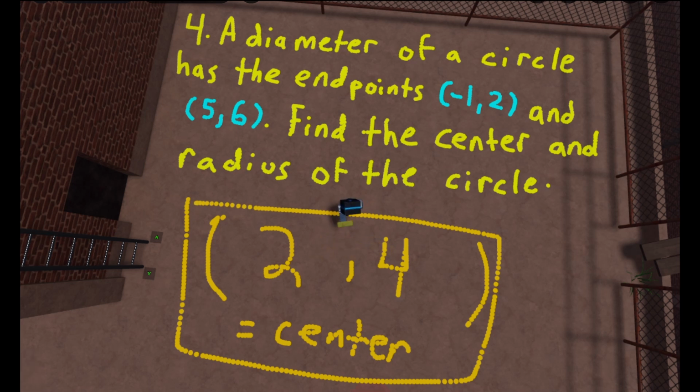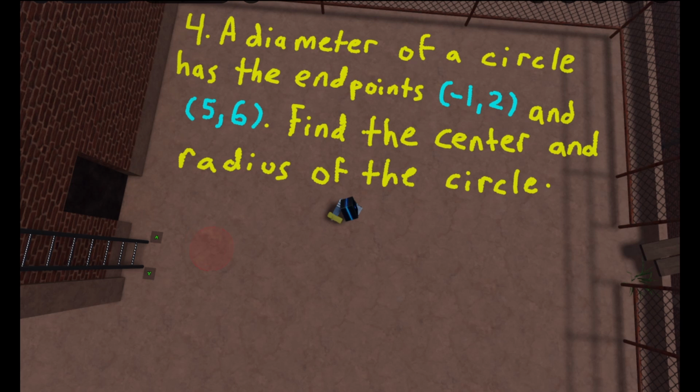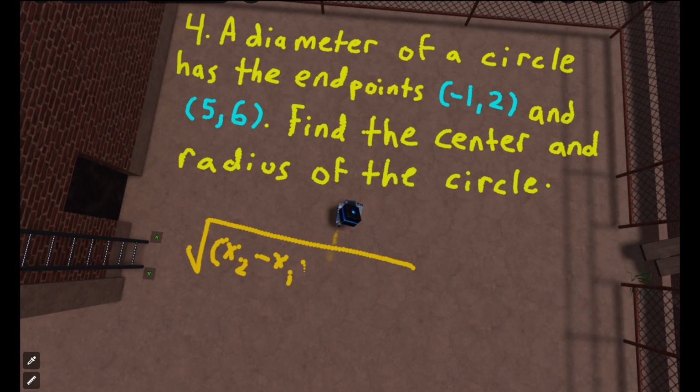Let's now work on getting the radius of this circle. To do that, we're going to need to apply the distance formula so I can find the total distance between those 2 points and then take half of that. So recall the distance formula is just the square root of (x2 minus x1) squared plus (y2 minus y1) squared.